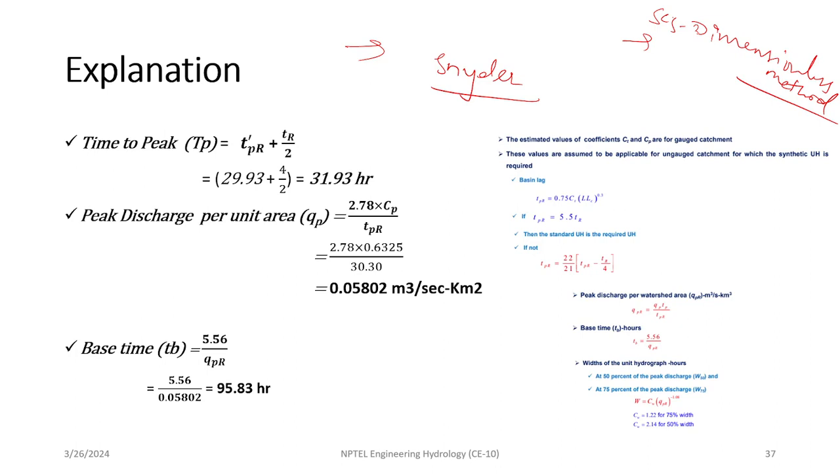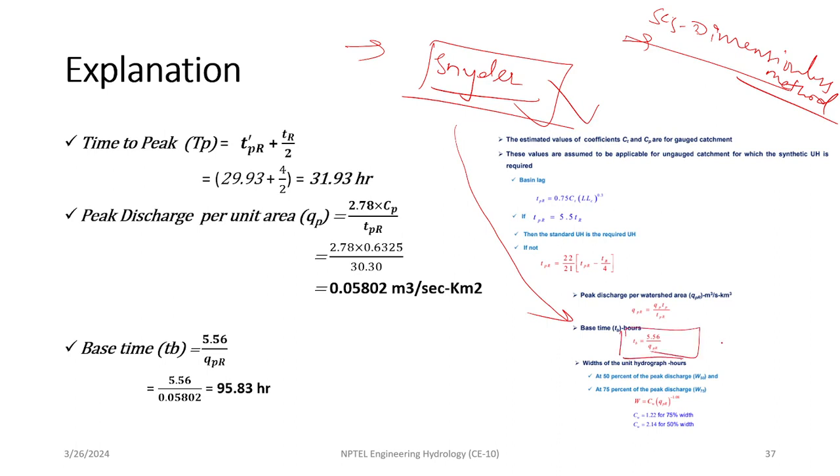So that empirical relation is applicable for SCS and dimensionless methods. But when we are dealing with Snyder, the empirical relation is definitely somewhat different. So we have to utilize this empirical relation.